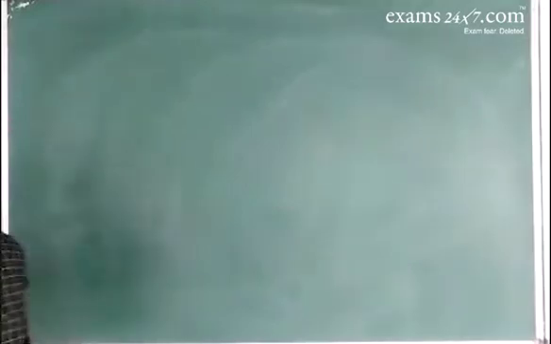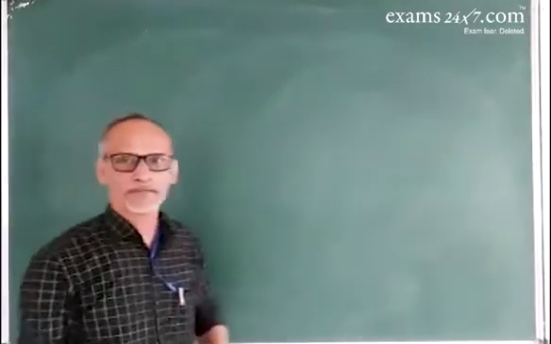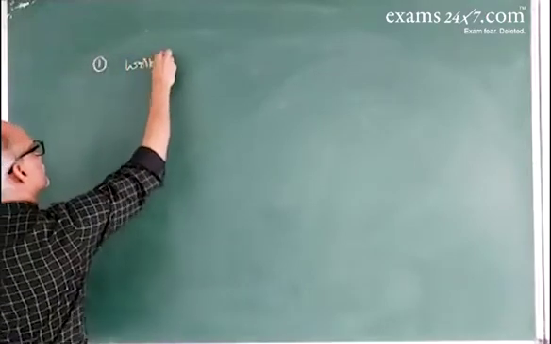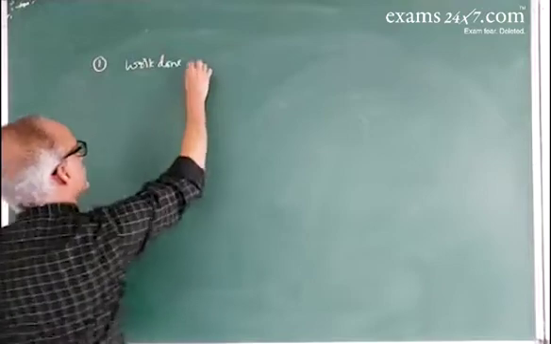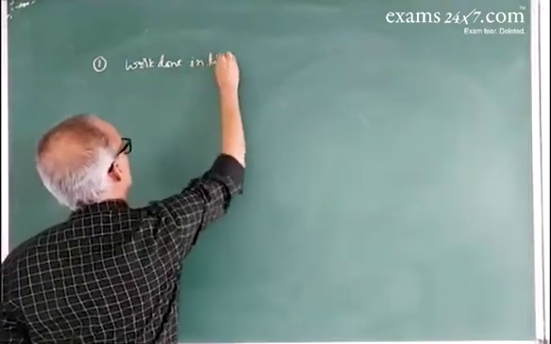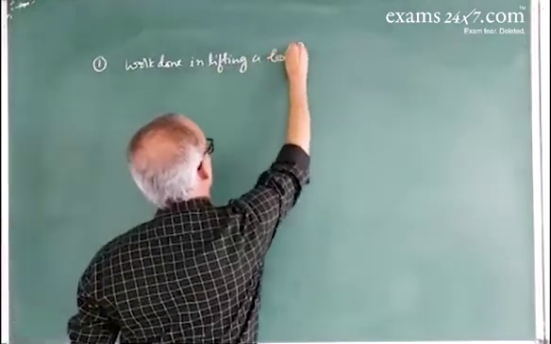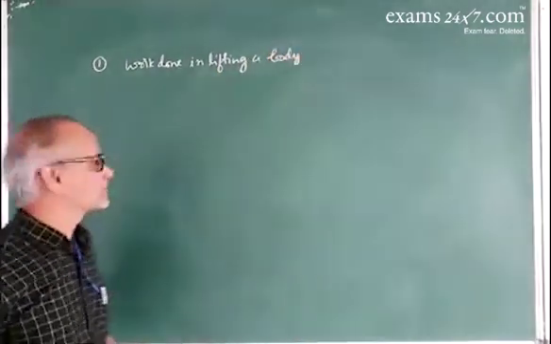So a few cases related to work done you need to remember. The first one is: what is the work done in lifting a body from the surface of the earth?